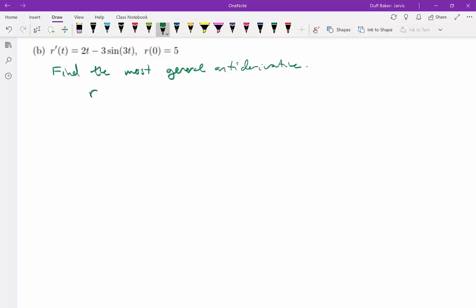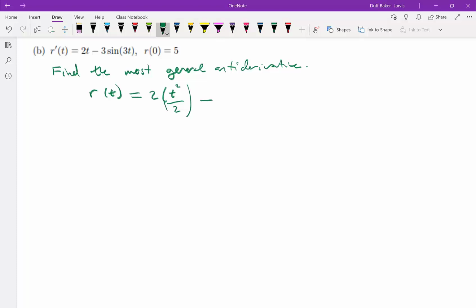Okay, so we have to figure out which thing has derivative 2t. We could use the power rule, or the inverse power rule, whatever you want to call it. So that would be, you add 1 to the power, then divide by the new power.